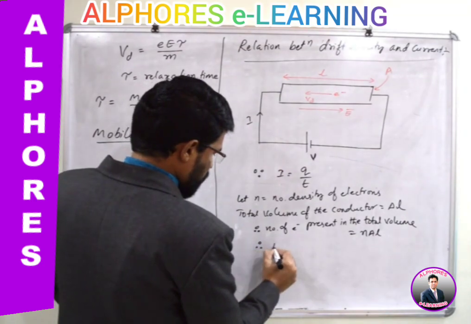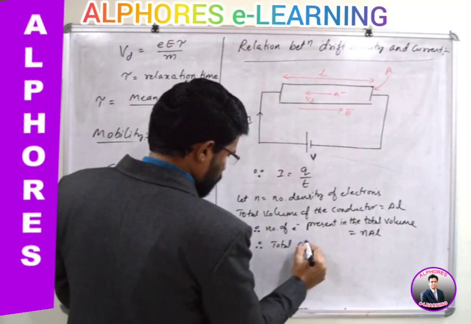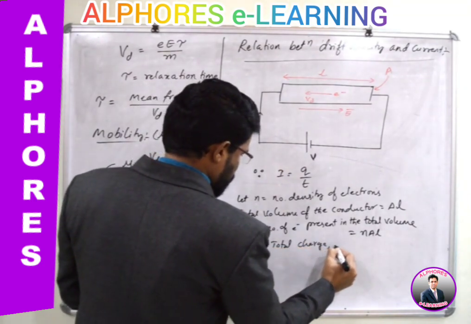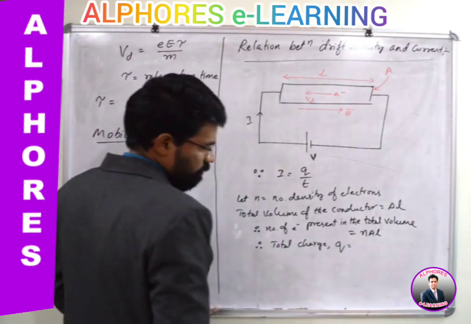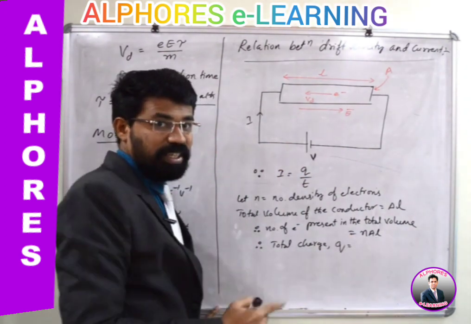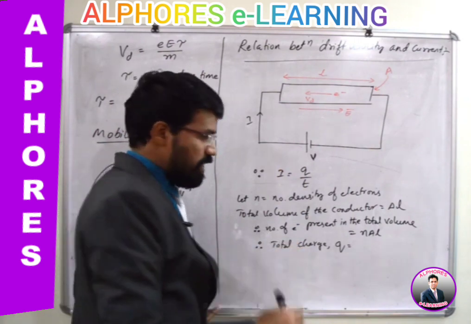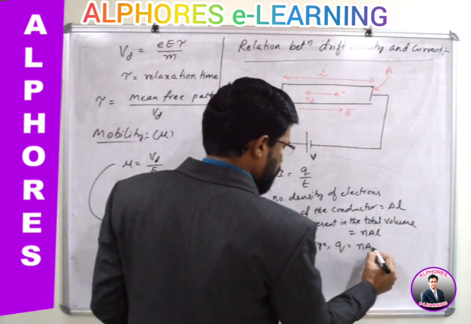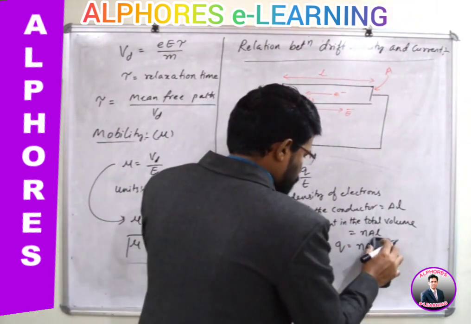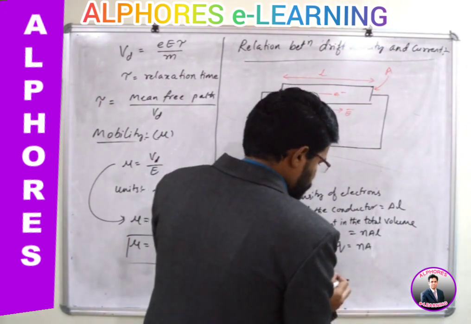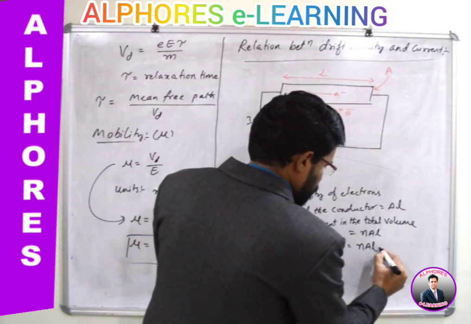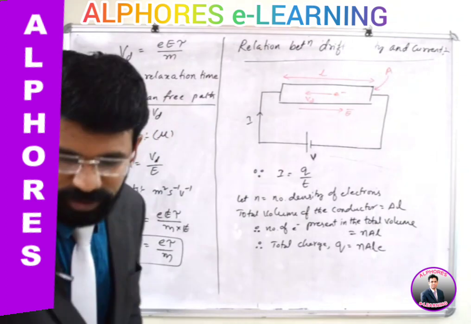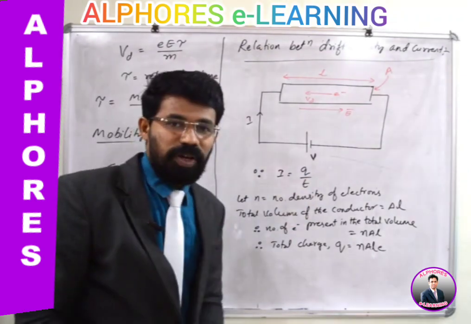Therefore, total charge Q is equal to, how many electrons are there? nAL. Each electron's charge is how much? e. So total charge will be nAL into e. So now we came to know the value of Q.